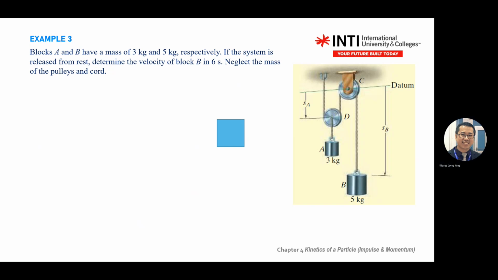Okay. So after the datum, what do you do? Find the total length. Why find the total length, Nico? What's the purpose of finding the total length? Yeah, you get to find velocity, but why do you want to find velocity?